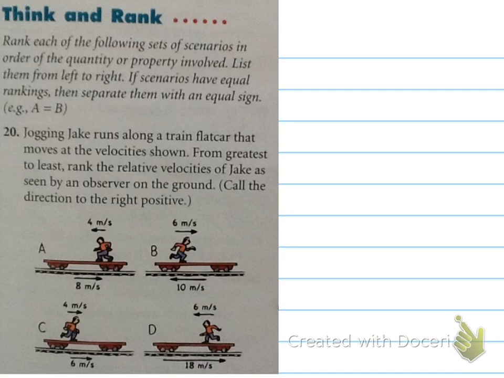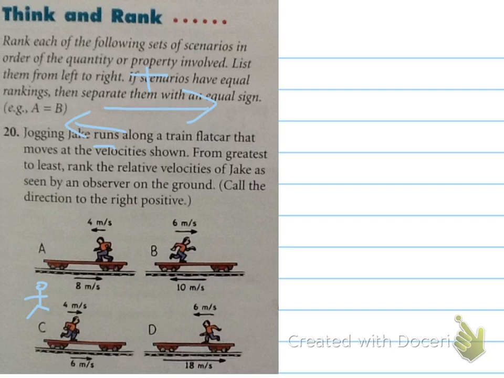From greatest to least, rank the relative velocities of Jake as seen by an observer on the ground. Call the direction to the right positive. So if we're going this way, it's a positive direction, which means if we're going this way, it'll be negative. And again, we're pretending that we're a person standing on the ground seeing this.